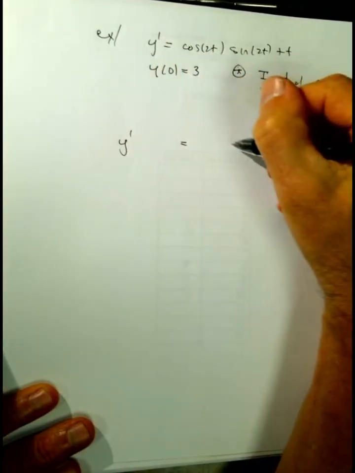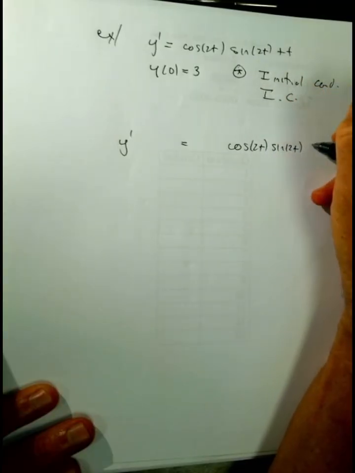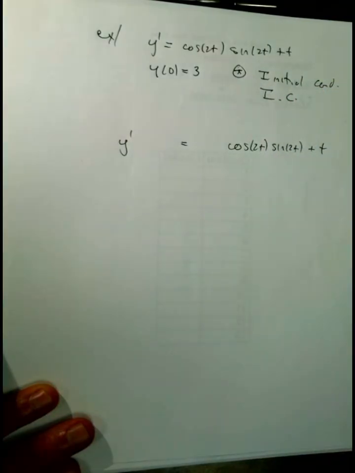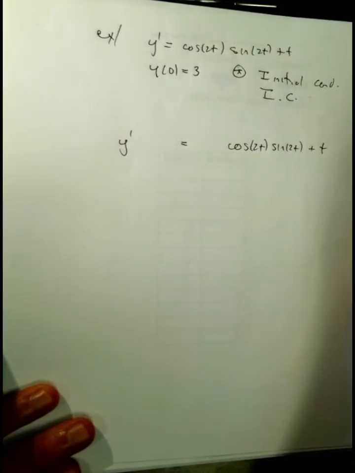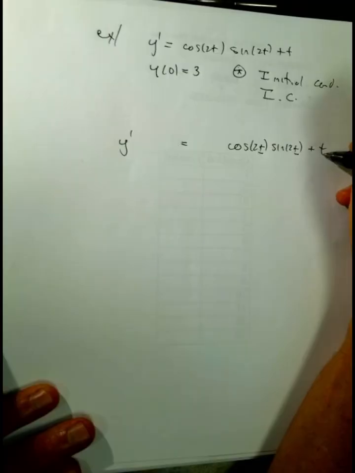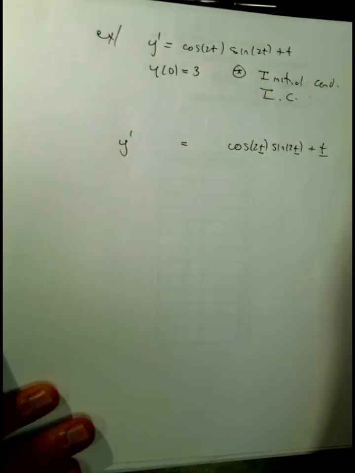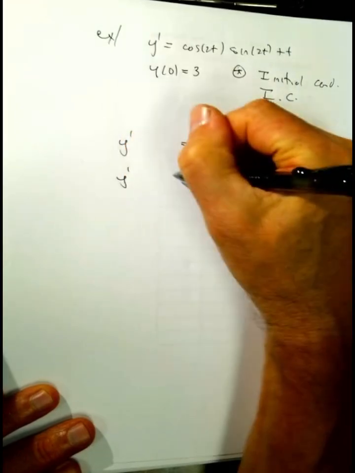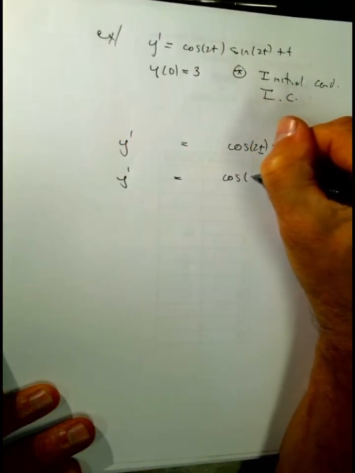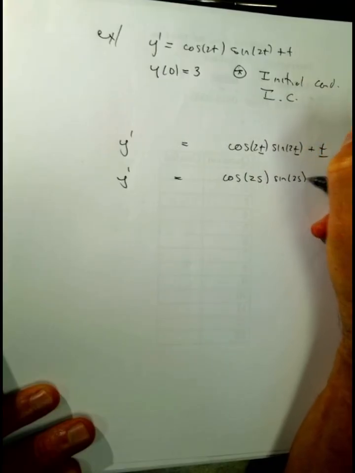So now, when I look at my differential equation, I want to take an integral, but I need to be careful here, because if I take an integral with respect to t, that t is going to go away. So let me rewrite this. Instead of t, let's say it's s.